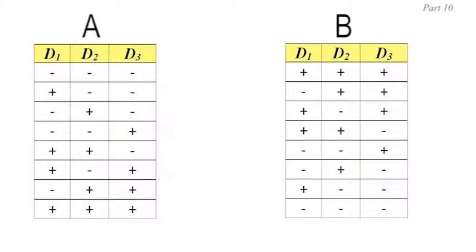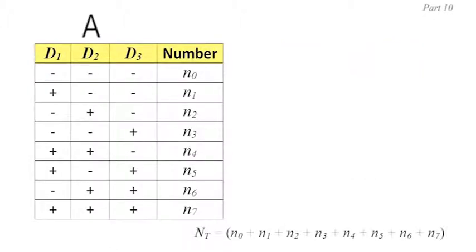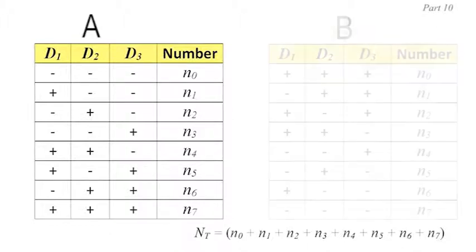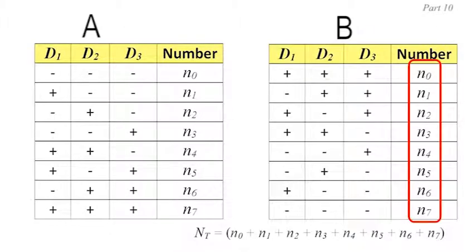Once again, we would suggest that with so many entangled pairs being created, we could add a column to the tables for the numbers of electron pairs which take values from each line, and we could also label these, as before, N0 to N7, and we could put in the total number NT. Here is that table for electron A, and there would obviously be an opposite table for electron B with exactly the same numbers, N0 to N7. The entangled electrons are in pairs after all.